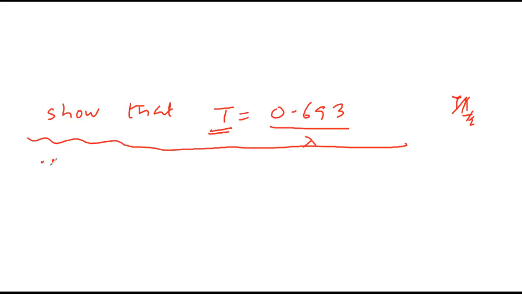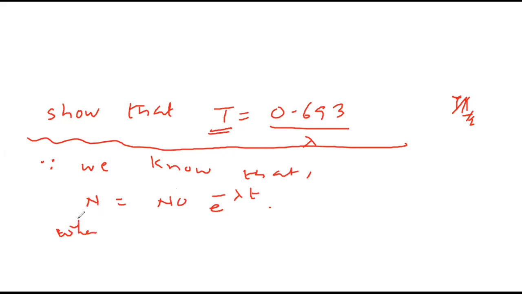So since we know that at any instant n equals n0 e raised to minus lambda t, when n becomes half of original, then t becomes half-life period.